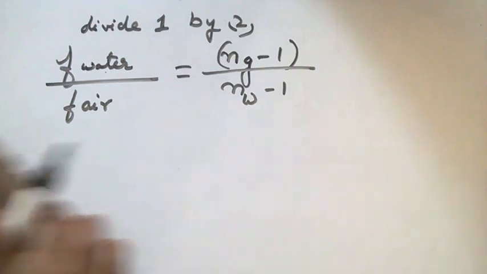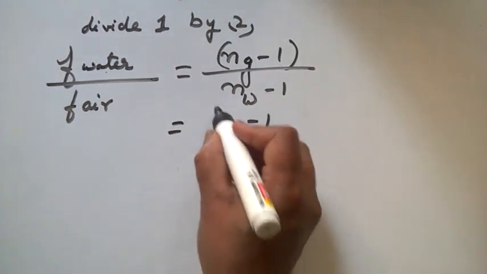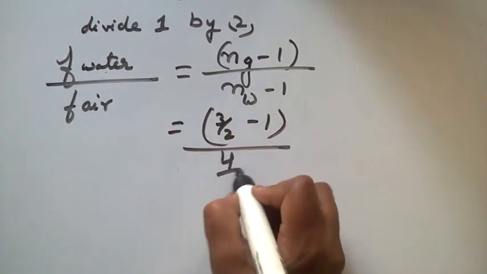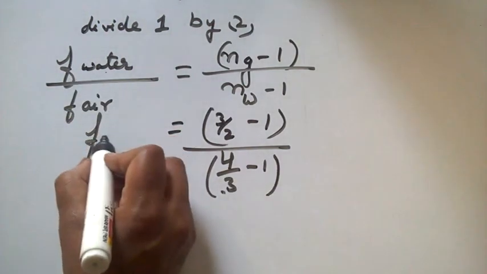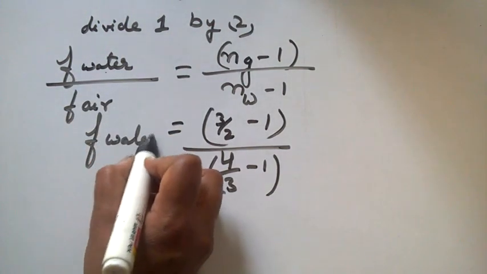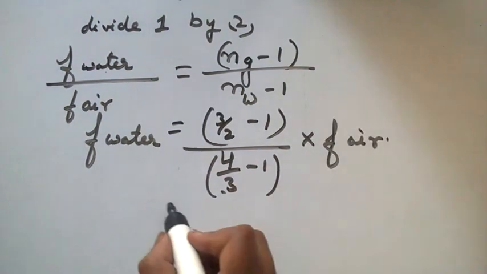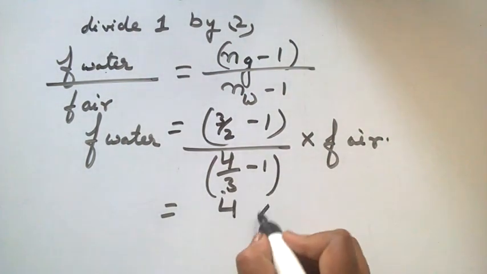The refractive index of glass is 3 by 2 minus 1 and the refractive index of water given is 4 by 3 minus 1, and if we wish to calculate the focal length of the lens in water, it is equal to focal length in air. So when we solve it, we get 4 into the focal length in air.